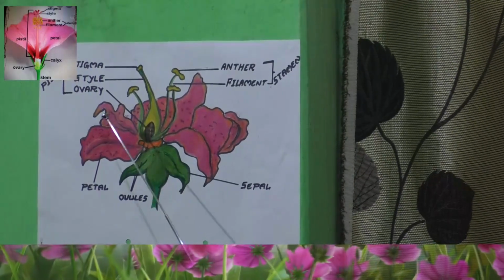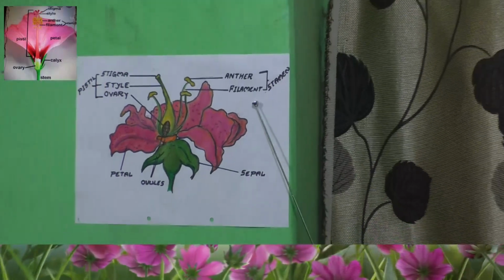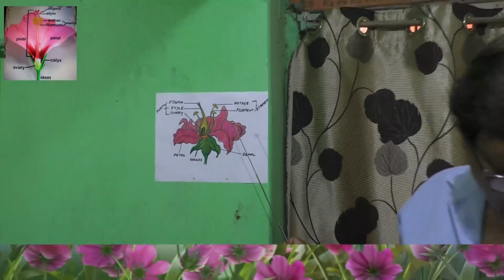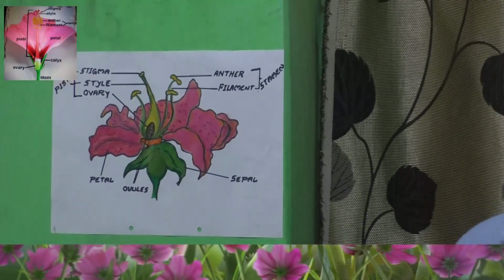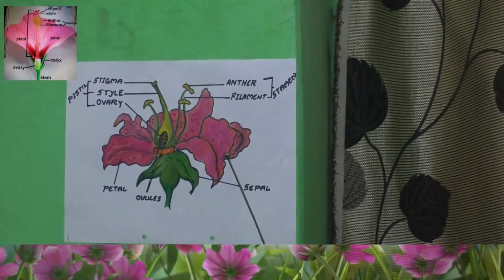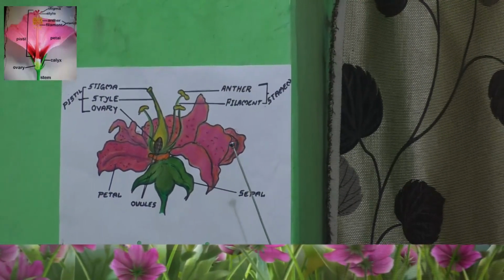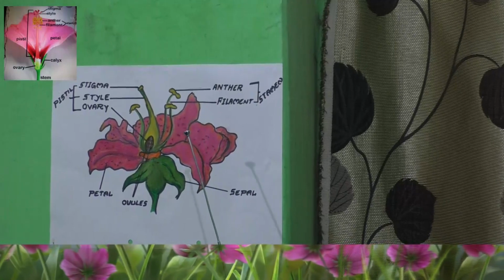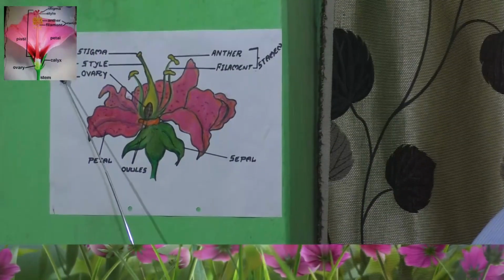As I have already discussed, the stamen part is inside the petals. A stamen is the male reproductive part of a flower, and the female part of a flower is called the pistil. This is the female part.